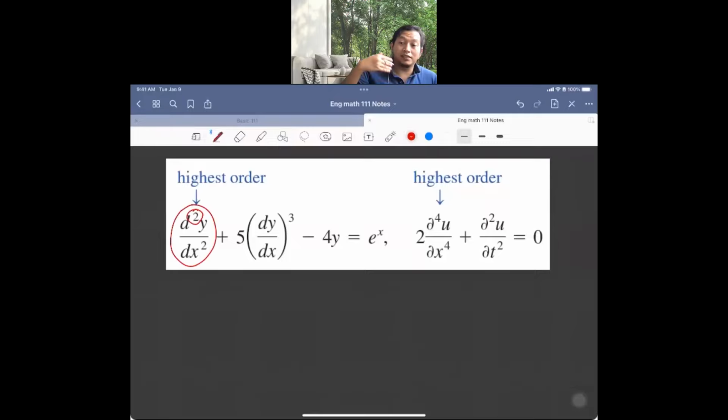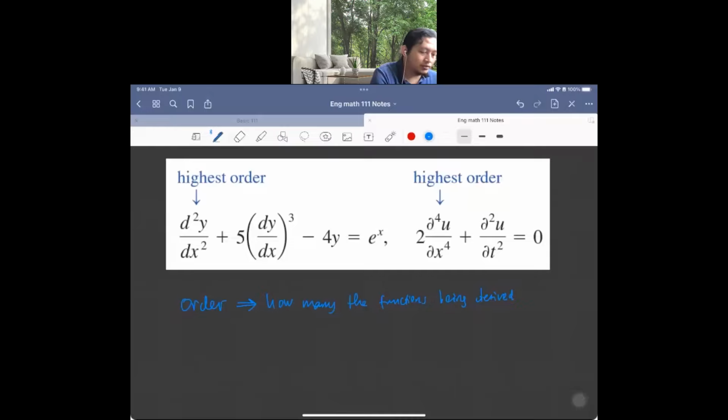If you see this one, it means that you need to derive two times. It's the second derivative, or we can say that this is the second order. So the order means how many times the function is being derived.